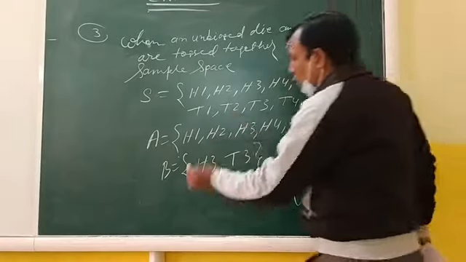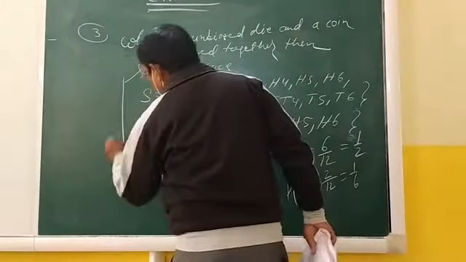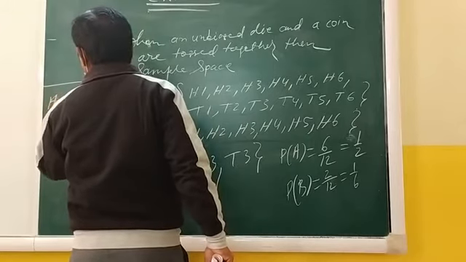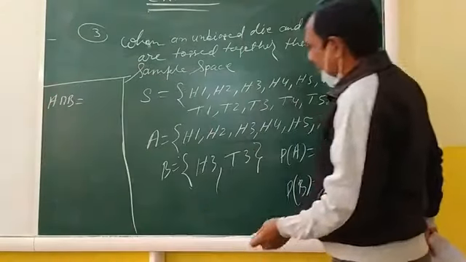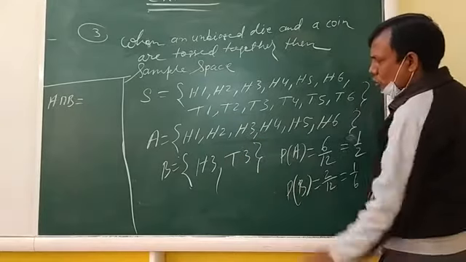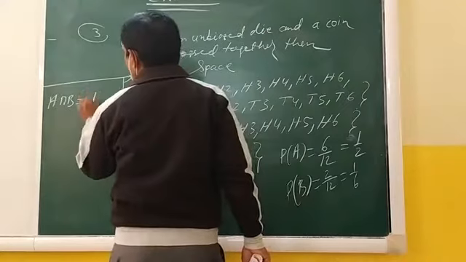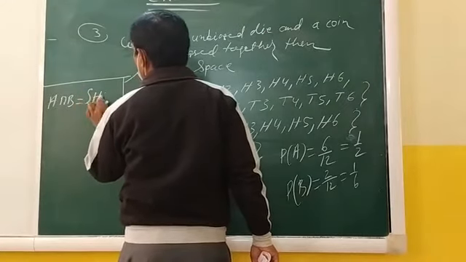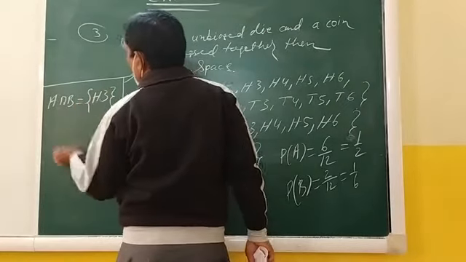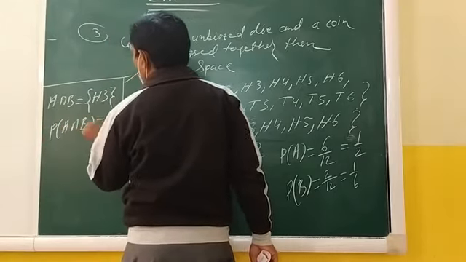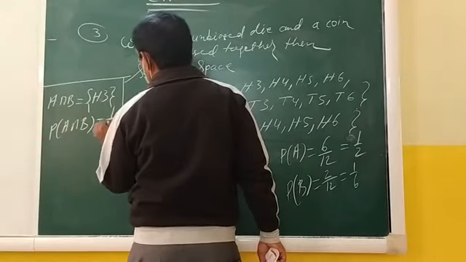Okay. Now you see, A intersection B is what? See, A intersection B. What is common there? Head 3. Head 3 only. So here you will write head 3. So probability of A intersection B is 1 by 12.